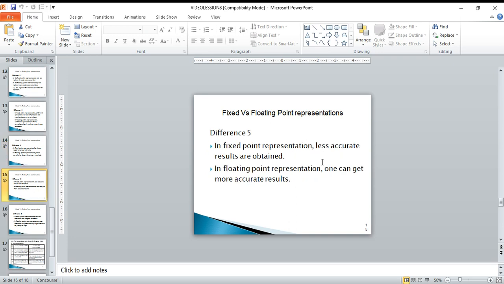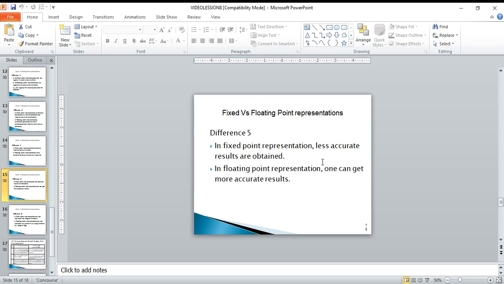And difference 5: in fixed point representation, less accurate results are obtained. Less accurate is nothing but results that are not 100% confirmed. That is one disadvantage of the fixed point representation.